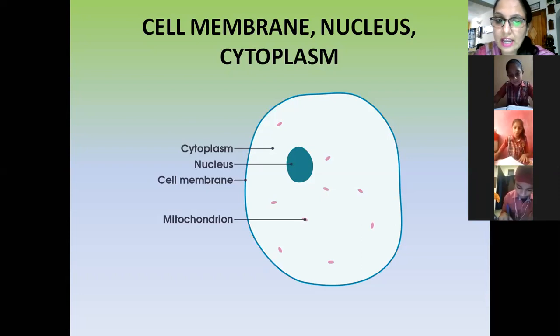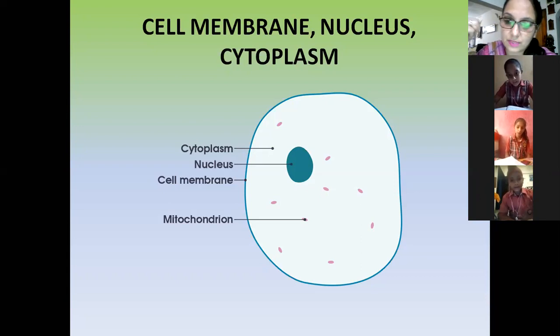And the rest, the white color thing inside the cell, is called cytoplasm, a jelly-like substance. And the blue boundary is called cell membrane. So what are the three things that I've taught you? Cell membrane, nucleus and cytoplasm. Not plasm, cytoplasm.